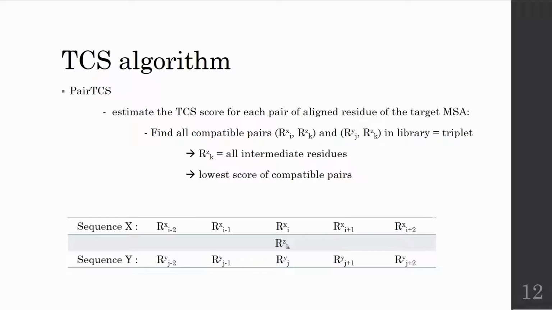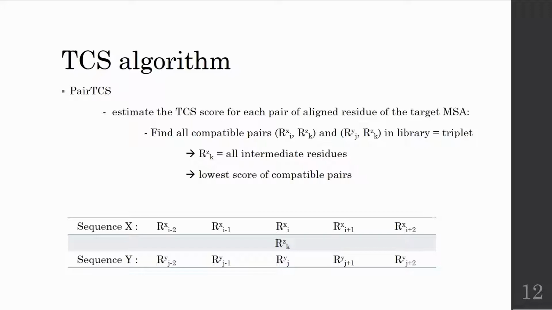So it is going to try to find all these compatible pairs of residue X with residue Z, residue in sequence X and residue in sequence Z, and do the same for the residue in sequence Y with the residue in sequence Z in this library.